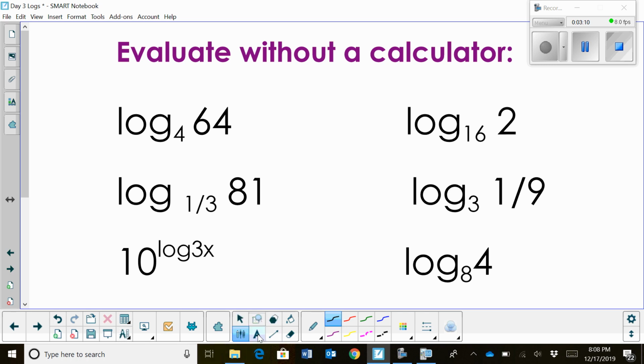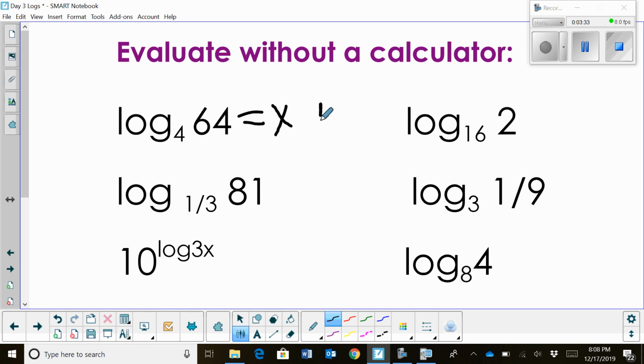Okay, to evaluate without a calculator, you have to kind of understand logs. And if you're just learning them, you may want to rewrite into exponential form. So what I'm going to do is take this log base 4 of 64 and set it equal to x. So I'm creating an equation out of an expression, but it's just there to help me solve it. Now I'm going to rewrite.